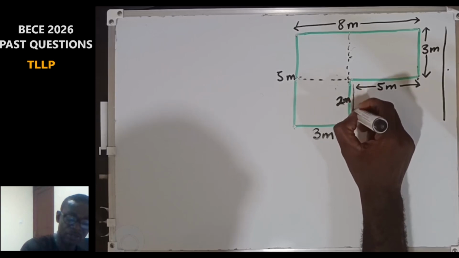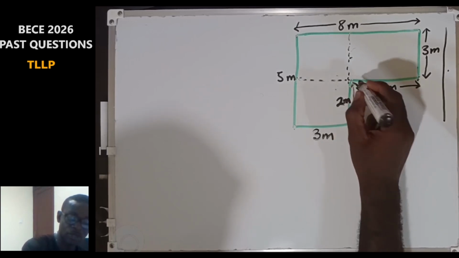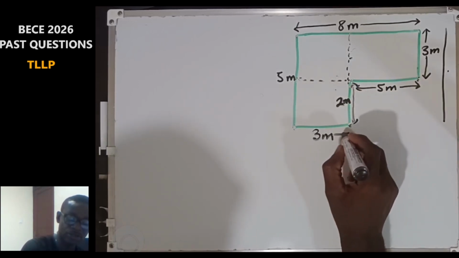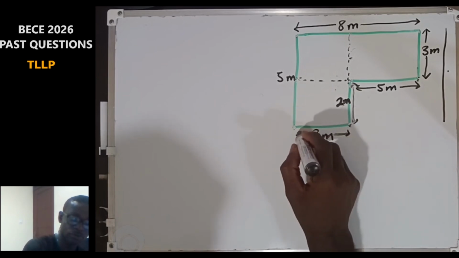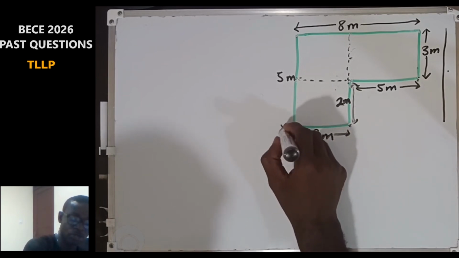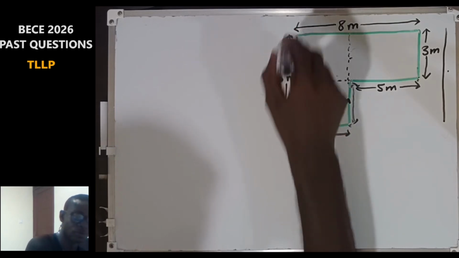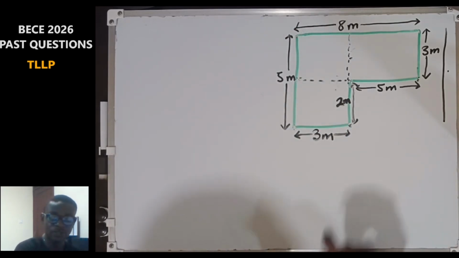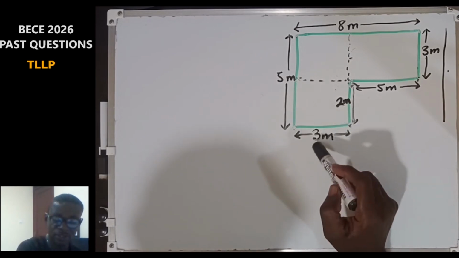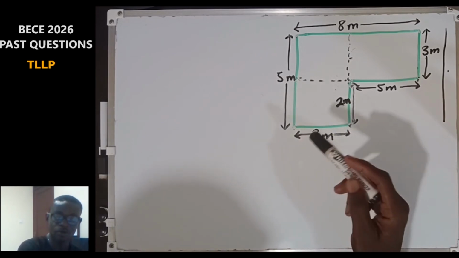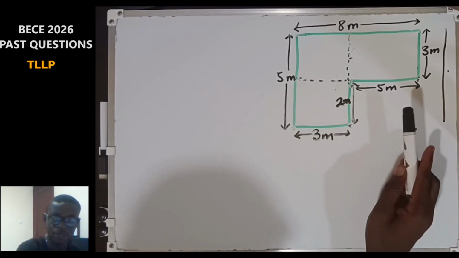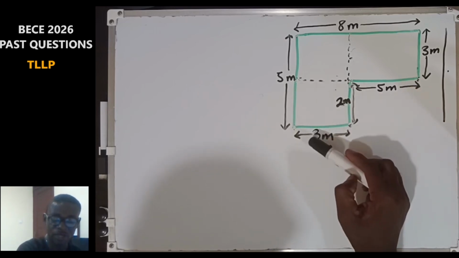So we are adding this that we found, then we add this as well, then we add the 5 meters. If you want to see how I got the 2 meters and the 3 meters, you can pause the video or go back a little bit to find out how.